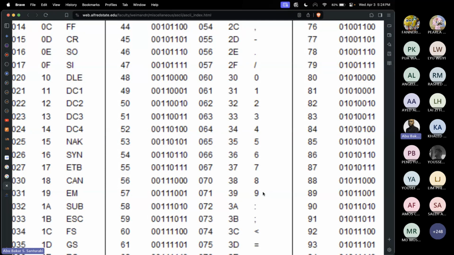An integer is a numerical value. And in binary systems, numerical 0 is 00000000. 1 is 00000001. 2 is 00000010. 3 is 00000011. 4 is 00000100. So it just increments by 1.